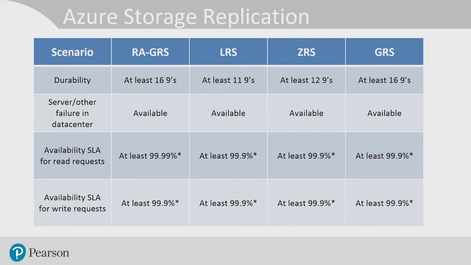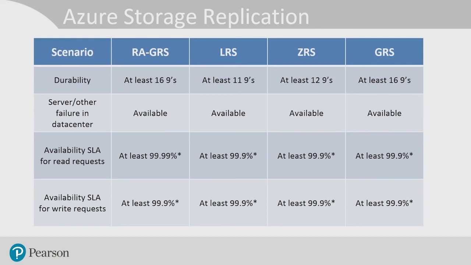That means that the availability SLA is only 99% if you're using the cool access tier. So keep that in mind. So notice that RAGRS is the highest availability SLA for read requests. The LRS, ZRS, and GRS all have 99.9 or 3 nines availability for read requests.